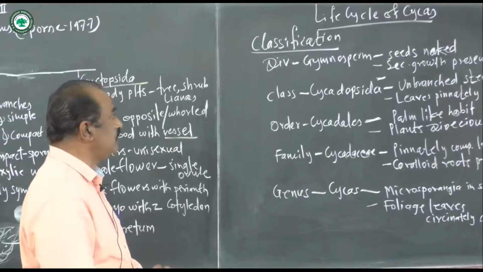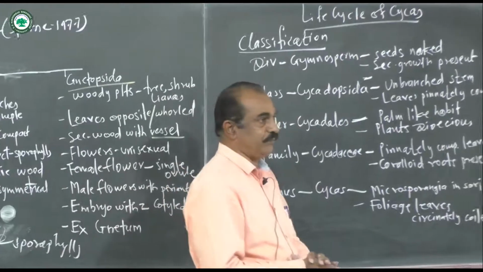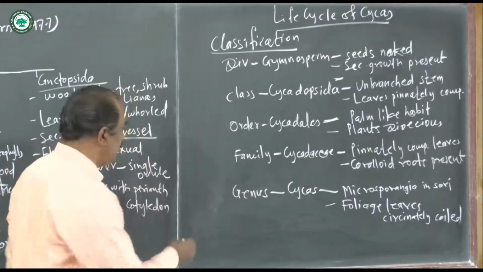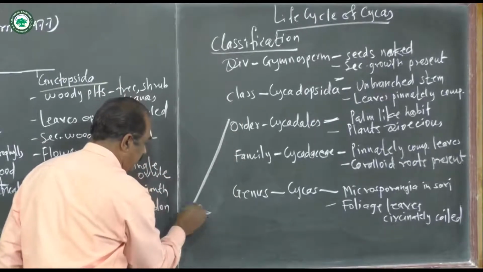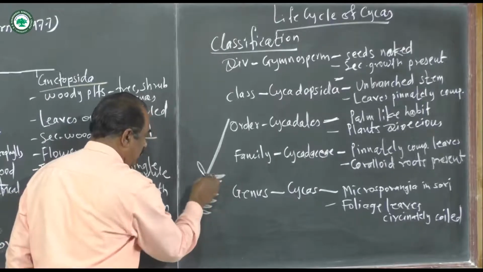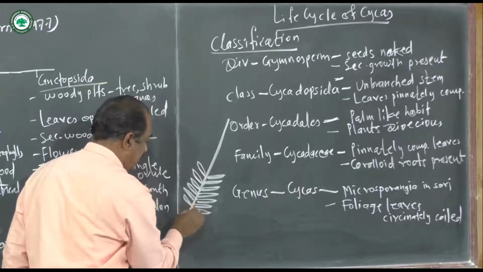Next class, that is the Cycadopsida, and the characters are unbranched stem. And second character, leaves are pinnately compound. Here leaves are like this. This is the rachis, and in this way leaflets or pinnae are developed.